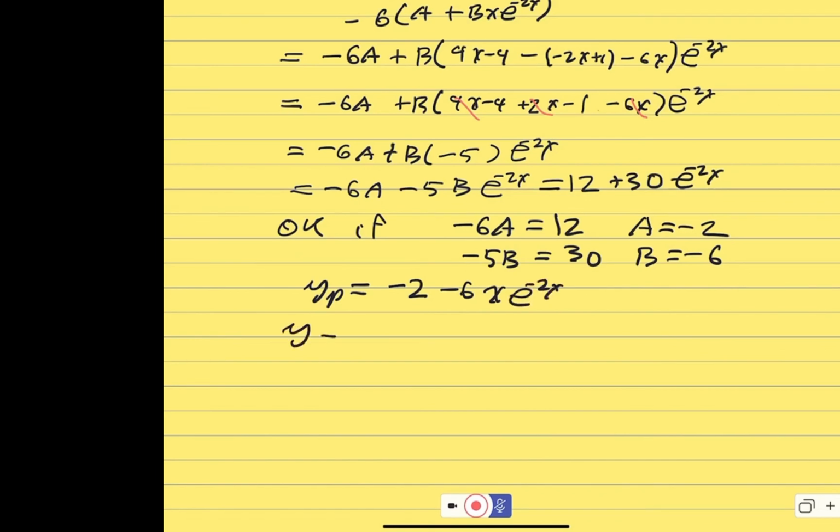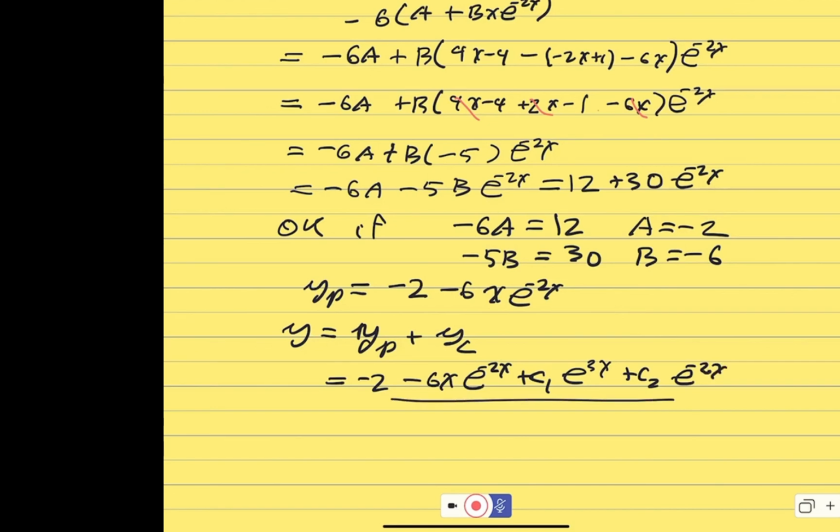So the general solution of the non-homogeneous equation is going to be minus 2 minus 6x e to the minus 2x plus c1 e to the 3x plus c2 e to the minus 2x. And we have it. And, well, it's unfortunate these calculations take as long as they do. The basic idea is actually pretty simple.